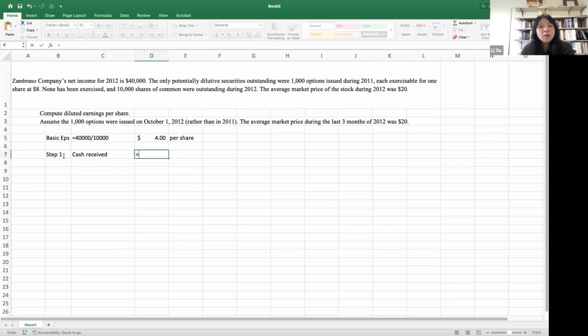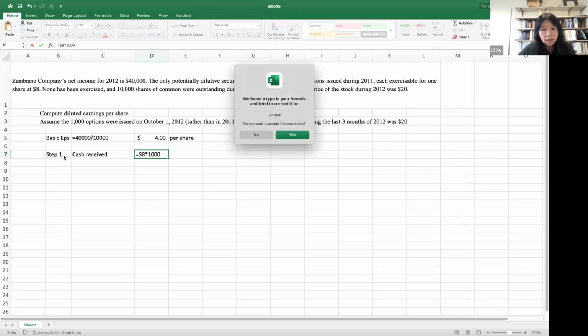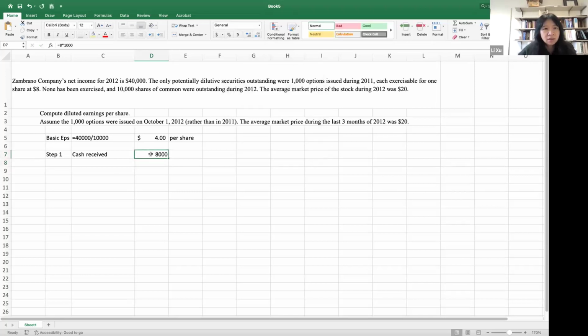For option holders to convert, they have to pay $8 per share, and they have 1,000 options outstanding, so they are going to pay $8,000.